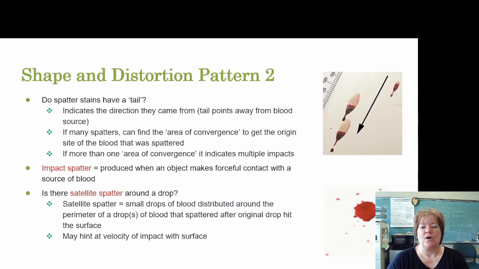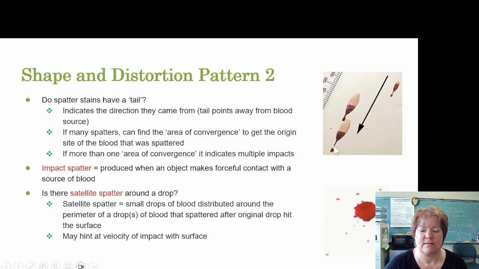Then let's talk specifically about this elongation. One of the tasks I'm going to ask you to do, and don't worry, we'll do it together in class, it's a little bit tricky on the math, is the direction. If it hits and it has a little tail, note here, this is what we mean by the tail.